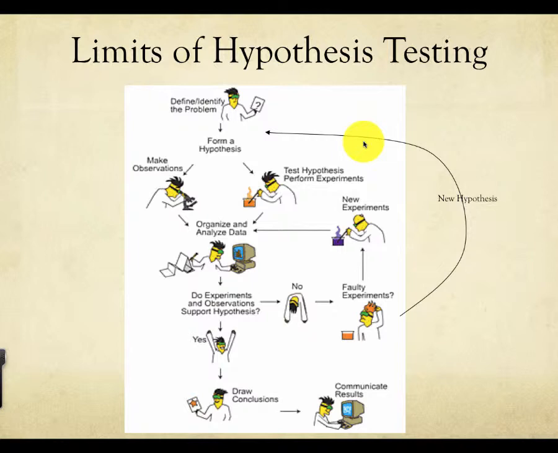And because of this complexity, the experimental method has limited relevance to studying political phenomena. And so as a result, we see a proliferation of different types of explanations.